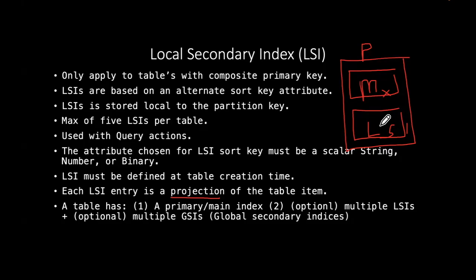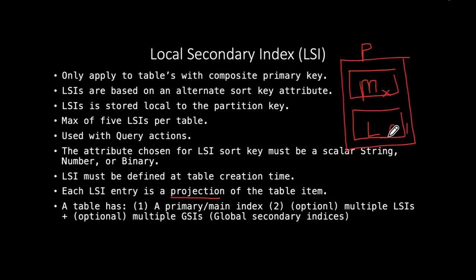Because an LSI potentially is a full copy of the main index, and the maximum size of a partition is 10 gigabytes, it wouldn't take you long to chew up 10 gigabytes and hence require many more partitions for a particular table because of the way these LSIs actually work.